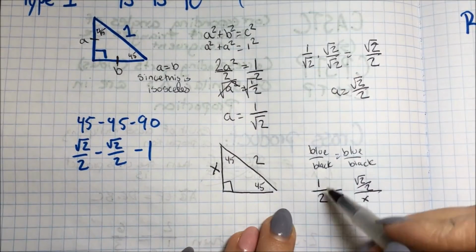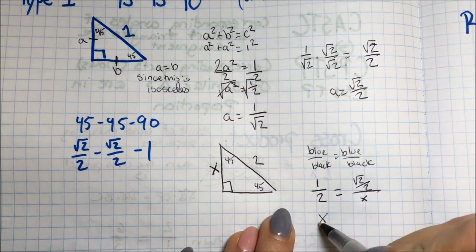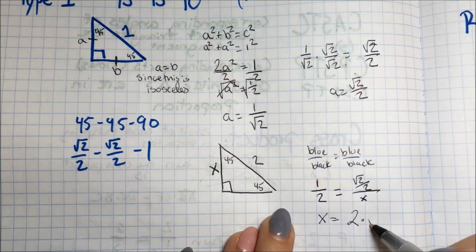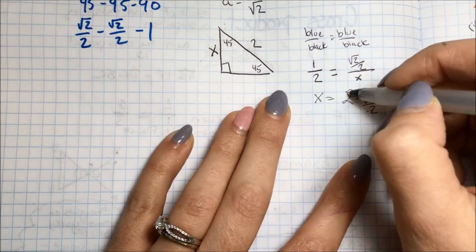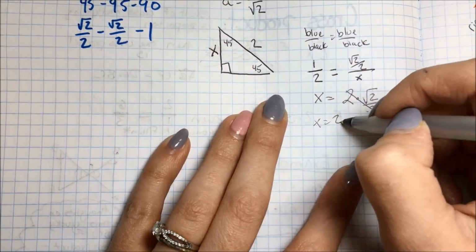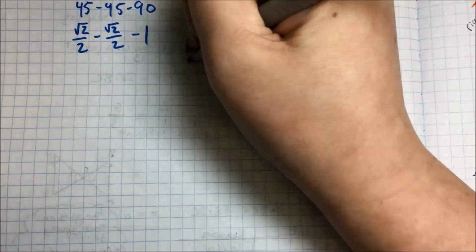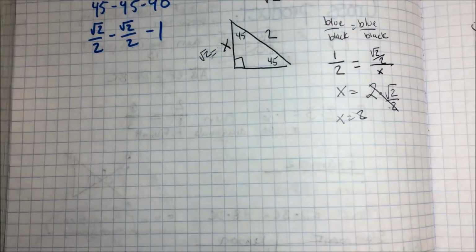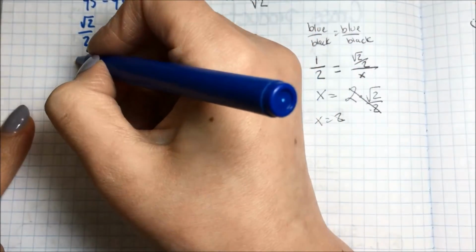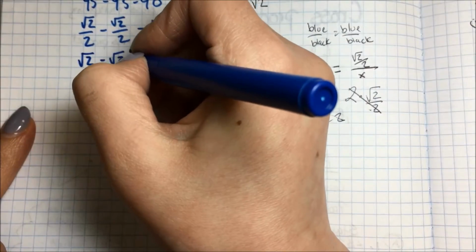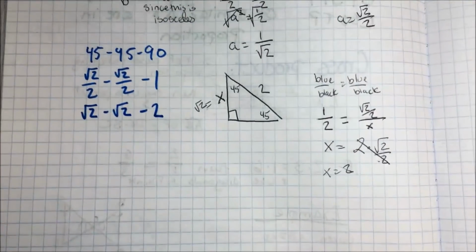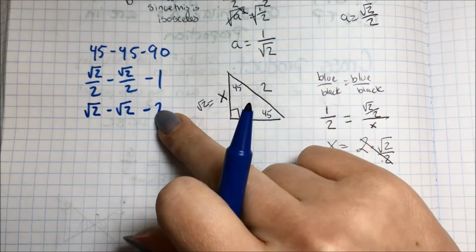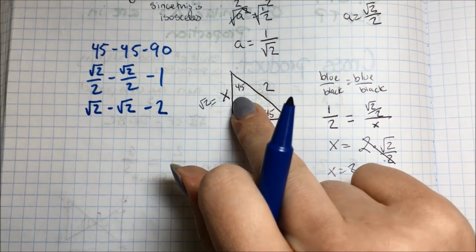Well, I'm going to cross multiply. 1 times x gives me x, and I have 2 times radical 2 over 2. These 2's will cancel because one's being multiplied and one's being divided. So x is just radical 2. So another ratio I could remember is radical 2 to radical 2 to 2. That's another ratio. It's the same ratio as this because they're similar triangles, same proportion.